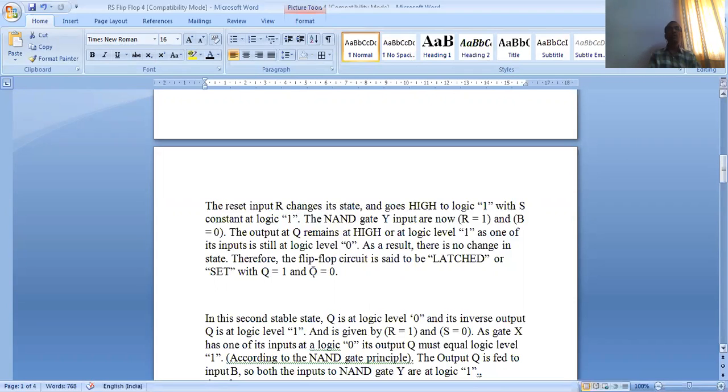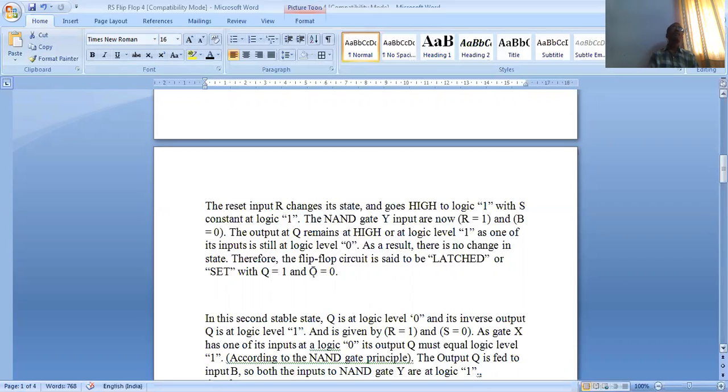Two NAND gates are used, X and Y. The output of the upper NAND gate is called Q. The output of the lower NAND gate is called Q bar. The output of the lower gate, Q bar, acts as input to the upper NAND gate. The output of upper NAND gate X, Q, acts as input to the lower NAND gate Y.